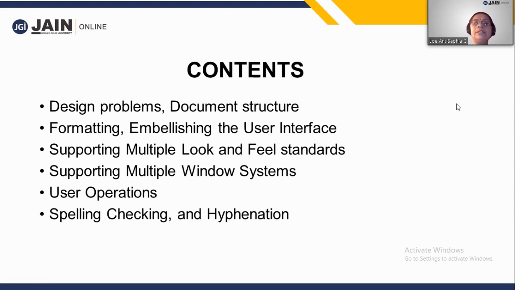Support for multiple window systems means we can open a document in multiple windows, and open more than one document at a time. User operations are cut, copy, paste, etc. Then spell checking and hyphenation.